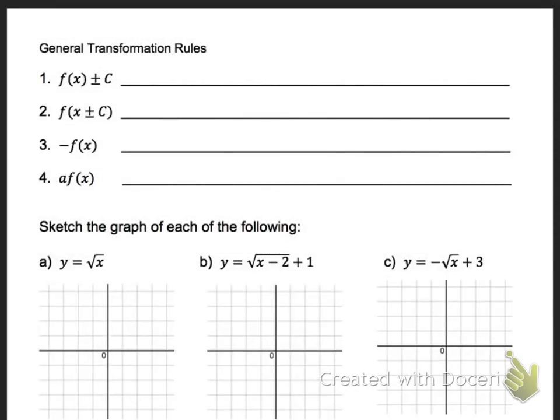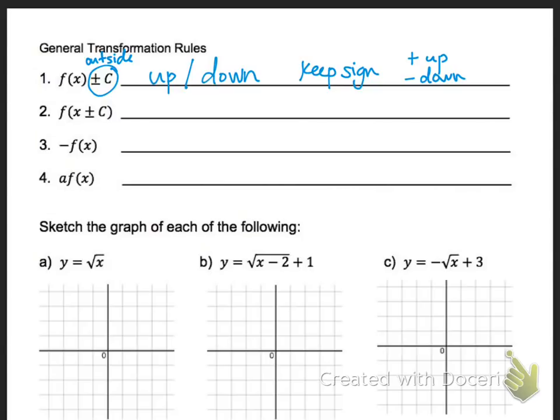If you have a constant, or a number, that is outside the parentheses, that is going to shift it up or down. And remember that if it's outside the parentheses, you keep the sign, meaning plus is up and minus is down.